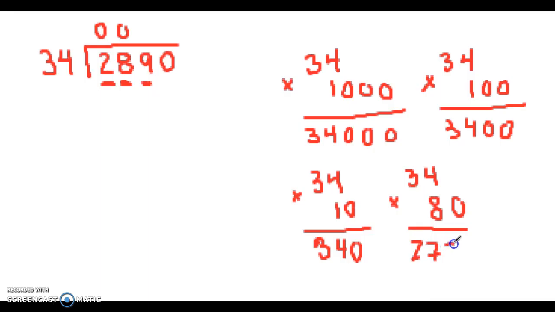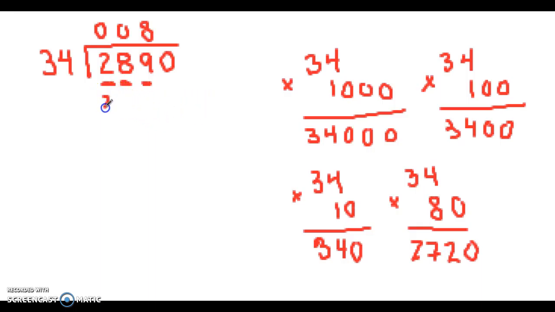But because we're multiplying it by 80, it's really 2,720. And that fits perfectly in with our 2,890. And so we see that we have 8 sets of 10. And so we're going to put an 8 in our tens place to show that it's going in 8 times, or 80 times because it's 8 sets of 10.